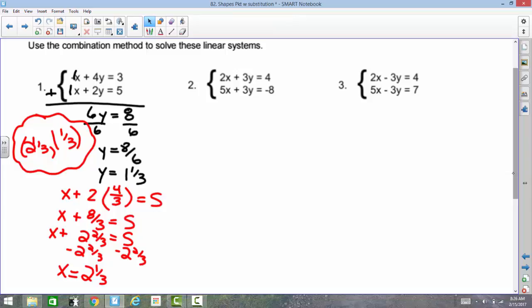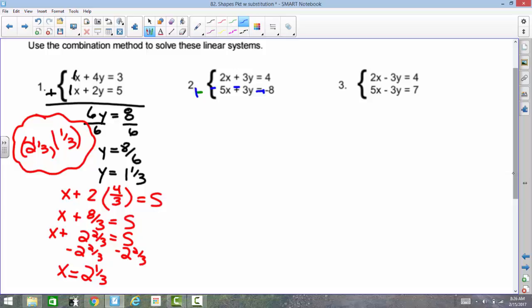So in number 2, if you're going to eliminate a letter, hopefully you're noticing that the y's have the same exact coefficient, but if you add, they don't eliminate. So you actually need to subtract the whole thing. Now, instead of subtracting, you can think of this as multiplying everything by -1 in the bottom. So that would be negative, that would be negative, and that would become positive.